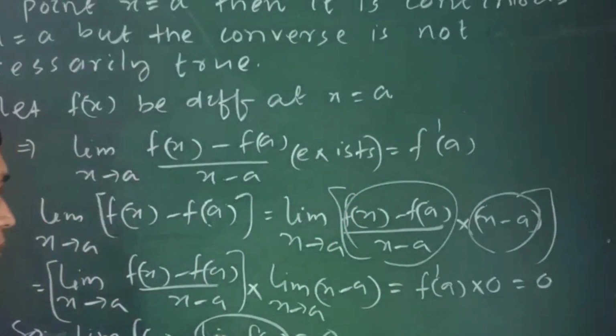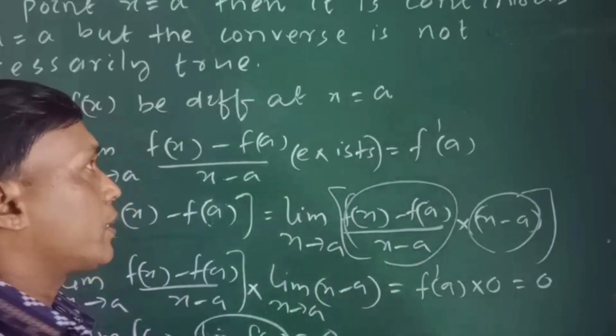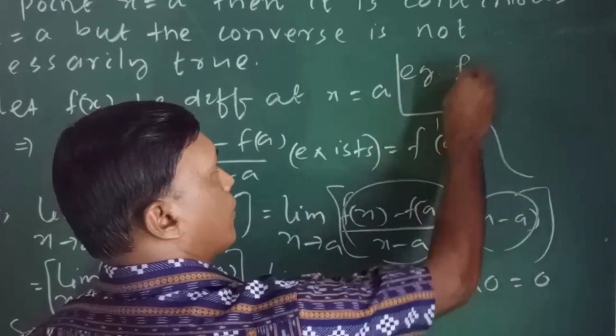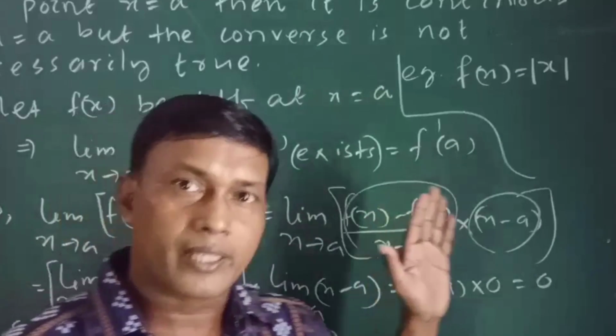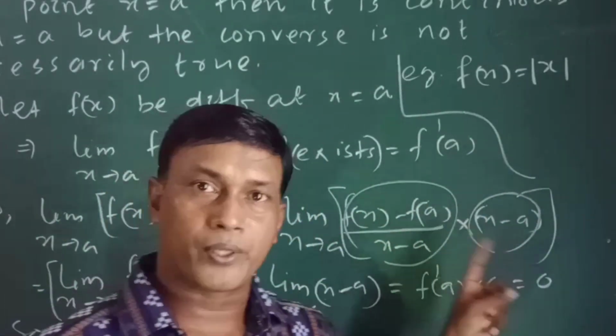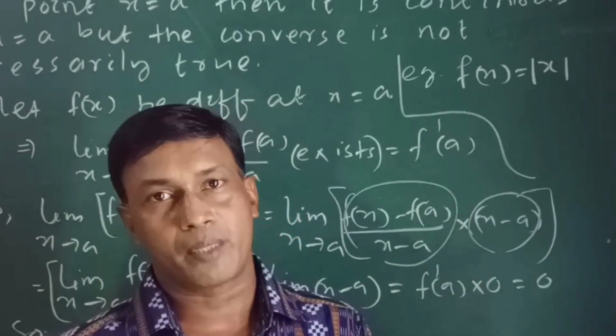But the converse, if a function is continuous, then it may or may not be differentiable. We have already discussed. The example is f of x is equal to mod x. I have already discussed this example in my differentiability class. This function is continuous at origin but not differentiable at origin.